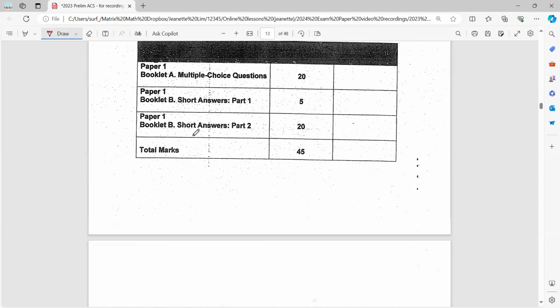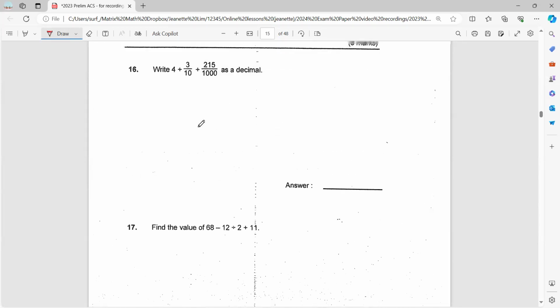Okay, booklet B. Also no calculators allowed. Write this as a decimal. Let's change to decimal first. 3/10 is 0.3. Tenths place is a 3. Then 215 over 1000. Where is the thousandths place? Tens, hundreds, thousands.